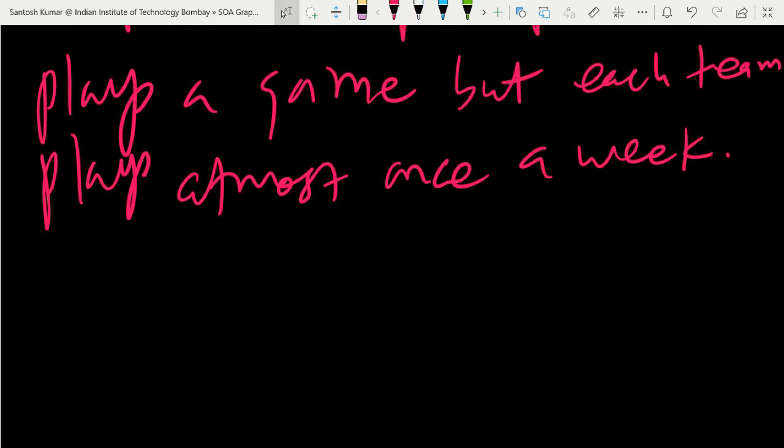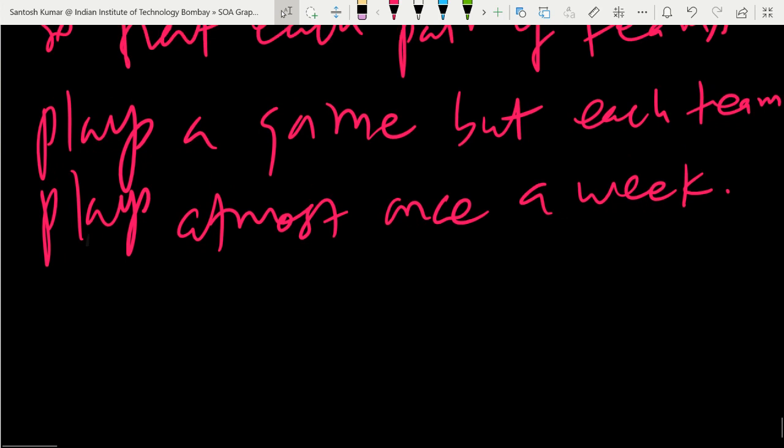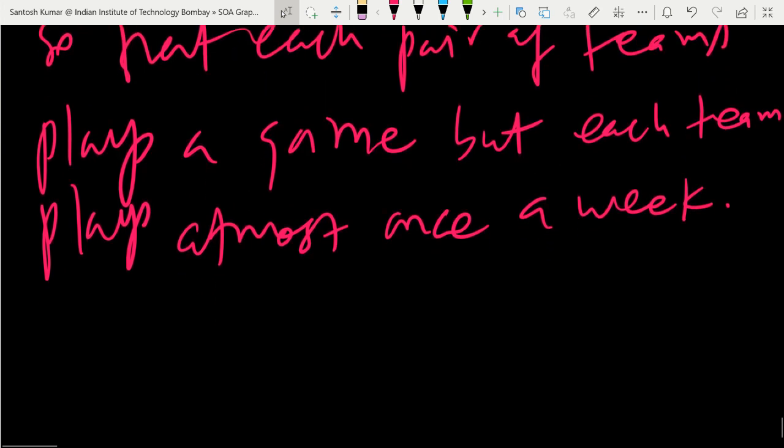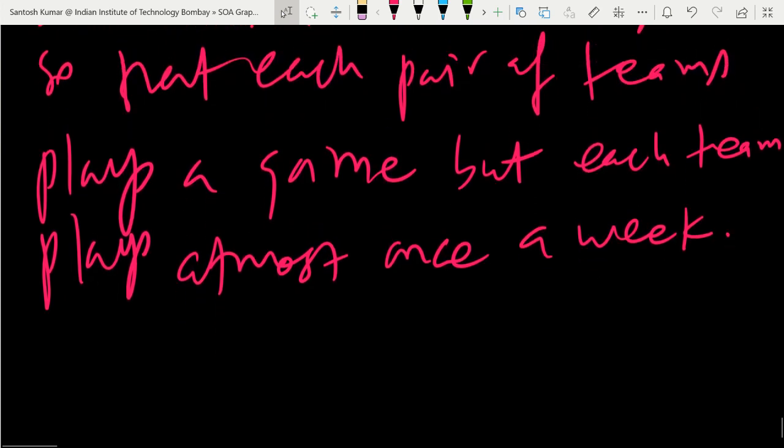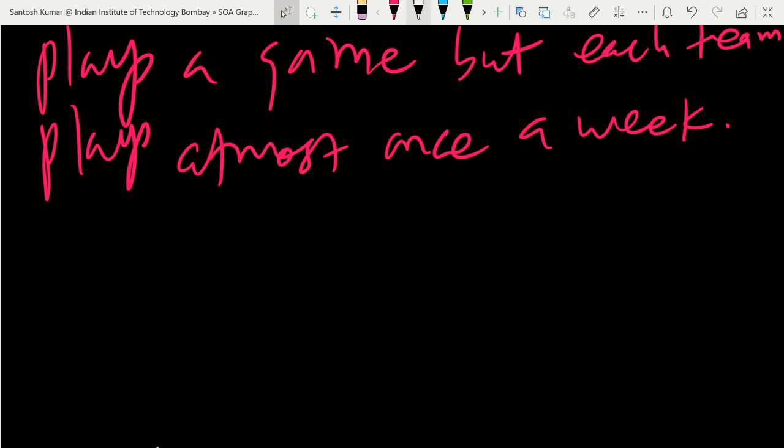So we have to schedule a match for each of the 2n teams such that every pair of teams gets to play, and each team plays at most once a week only.